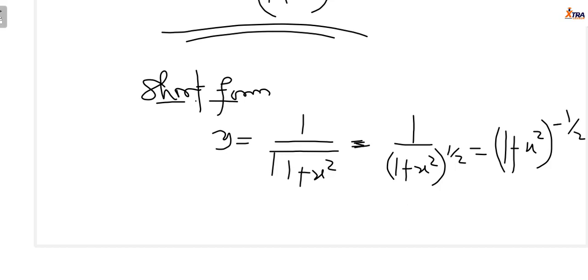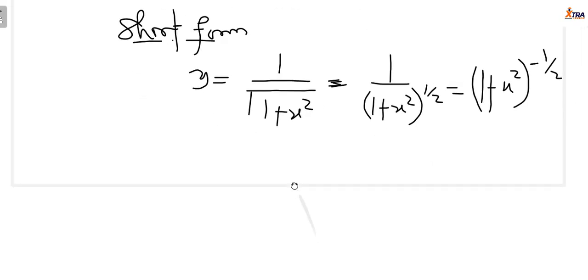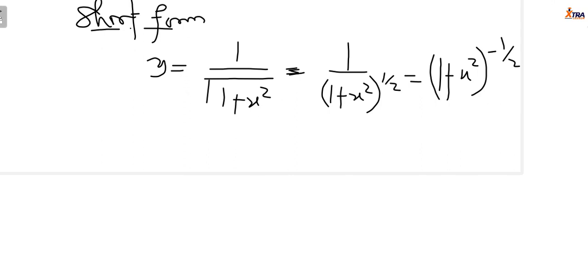So we have y equals 1 plus x squared raised to the power minus 1 over 2.